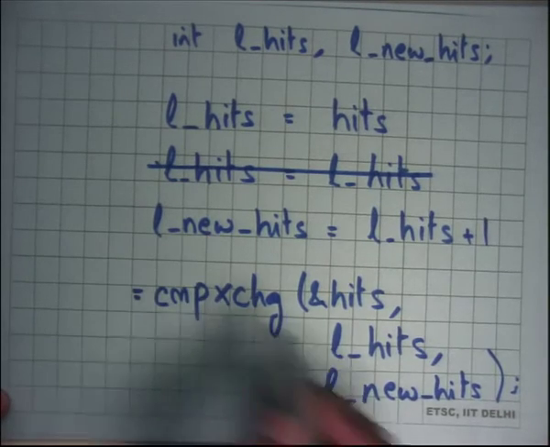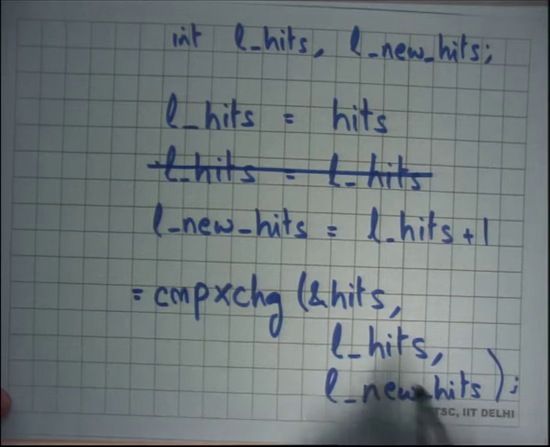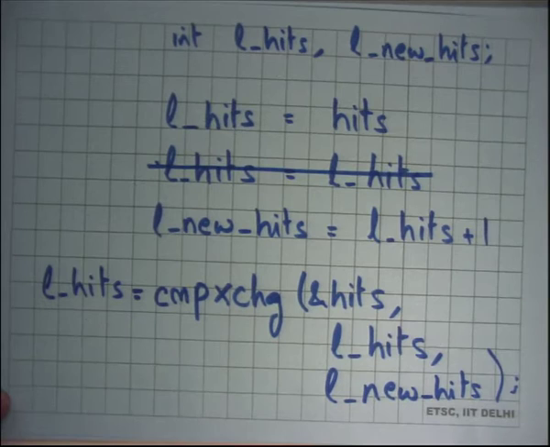So this will return the old value of hits, whatever the value was read into hits, and let's say it's returned in the register. I'm going to write it in the functional form. So L_hits is equal to compare and exchange of this.